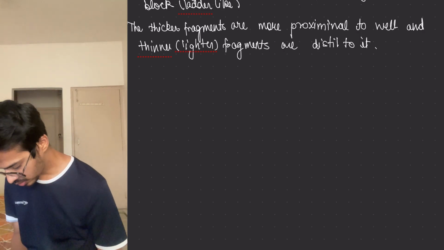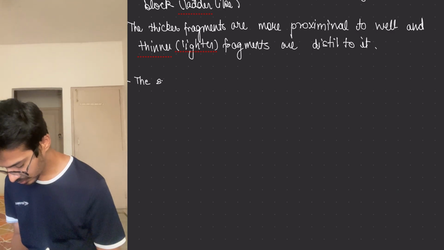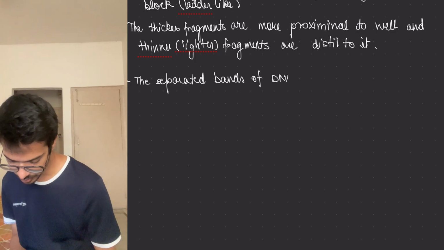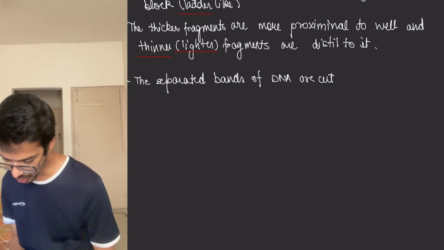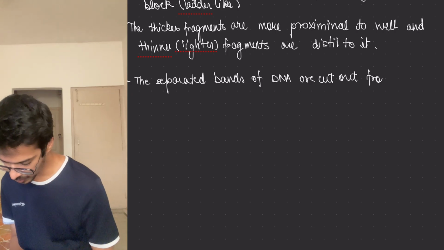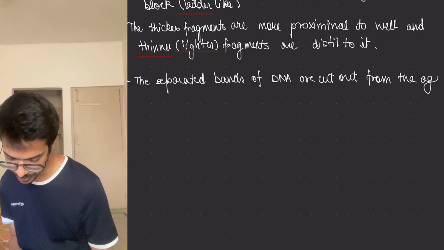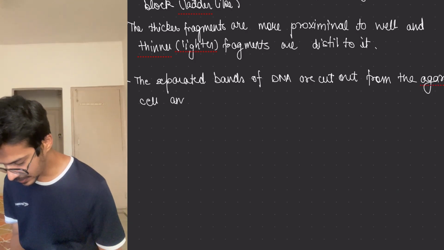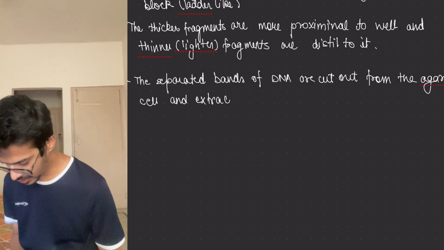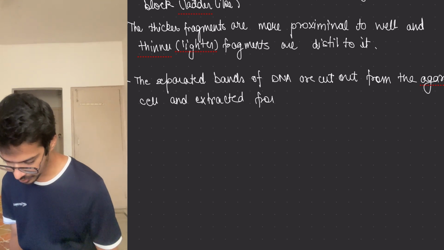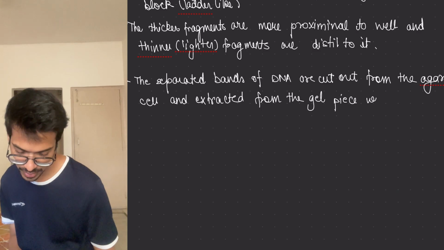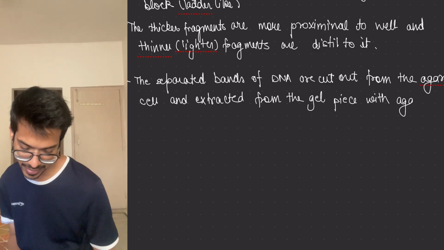The separated bands of DNA are cut out from the agarose gel and extracted from the gel piece with agarase enzyme.